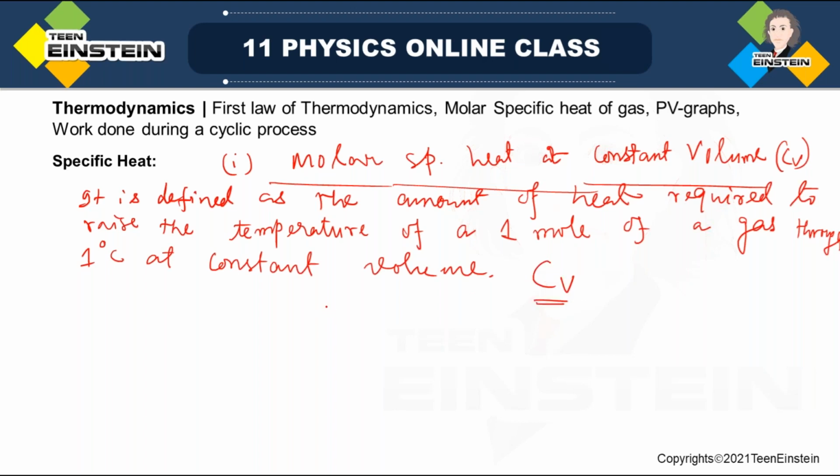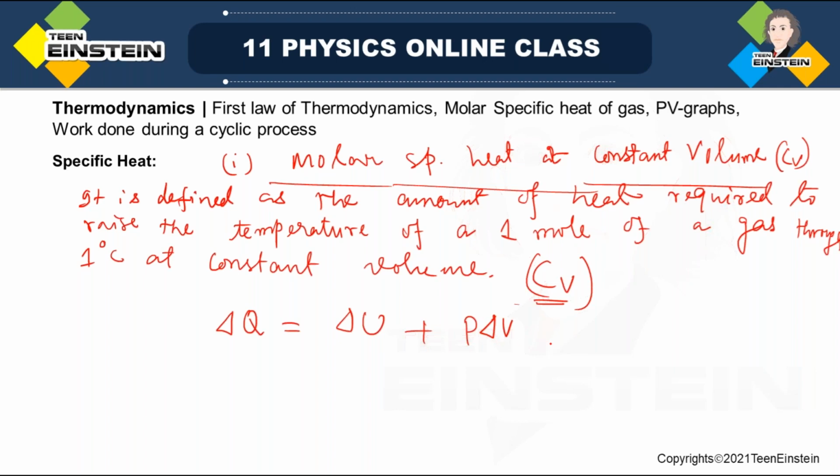Look, in this case, if I write the first law of thermodynamics, when we apply an amount of heat to a system at constant volume, what happens? We know dQ equals dU plus P dV.